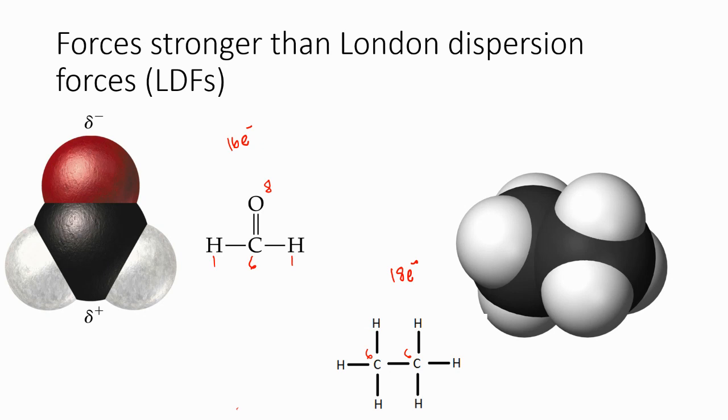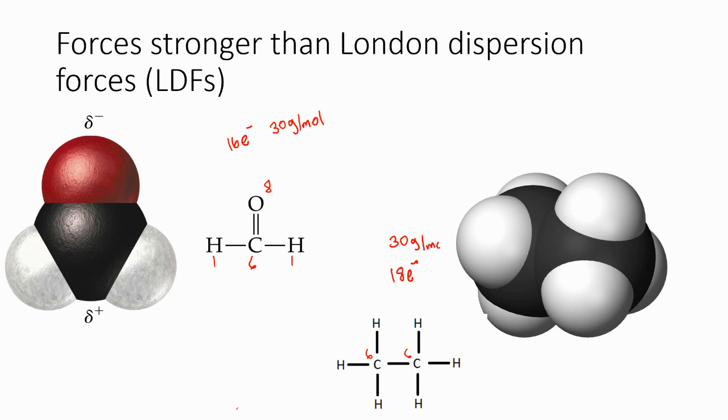Additionally, we could look at something like molar mass. If I count up the molar mass of H2CO, it's right at 30 grams per mole. And if I do the same thing for ethane, it's also about 30 grams per mole.